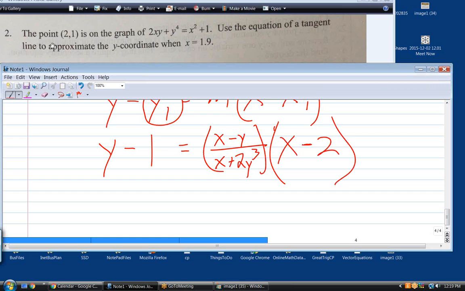So use this equation to approximate the y coordinate when x is 1.9. Which means that if we substitute x equal 1.9 here and solve for y, we will have our answer. Not that that's going to be very easy to do.